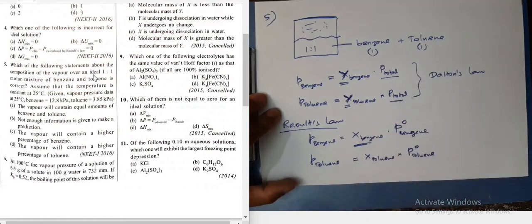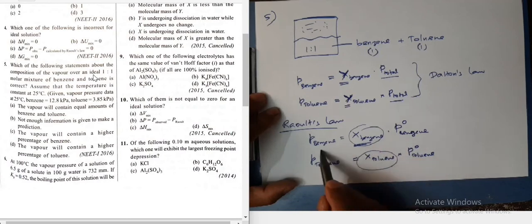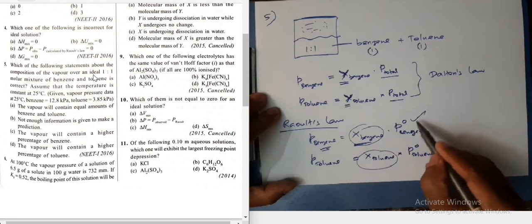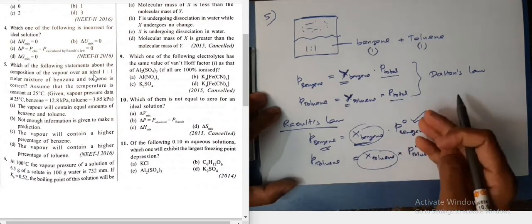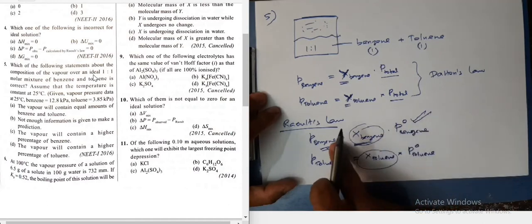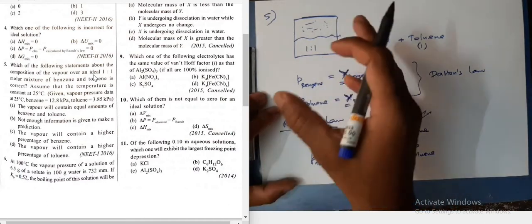So the partial pressure depends on the pure vapor pressures. The one having higher pure vapor pressure will give higher partial pressure in the vapor state.